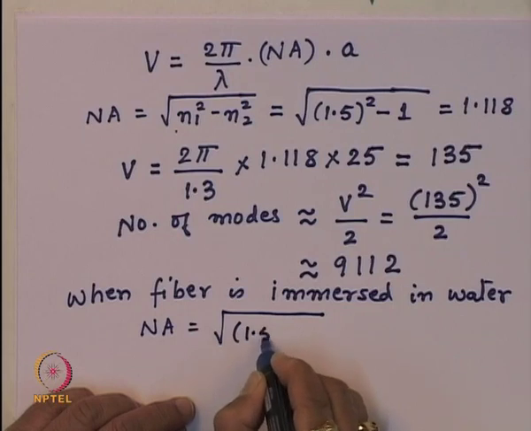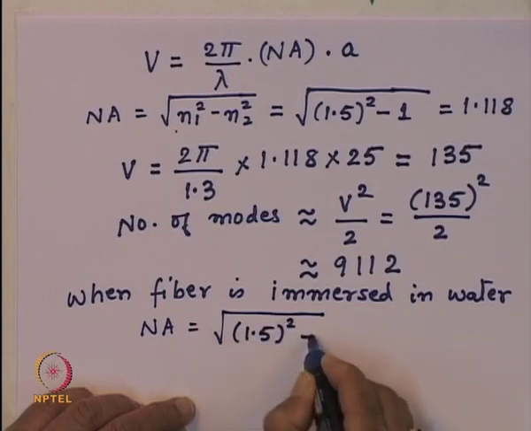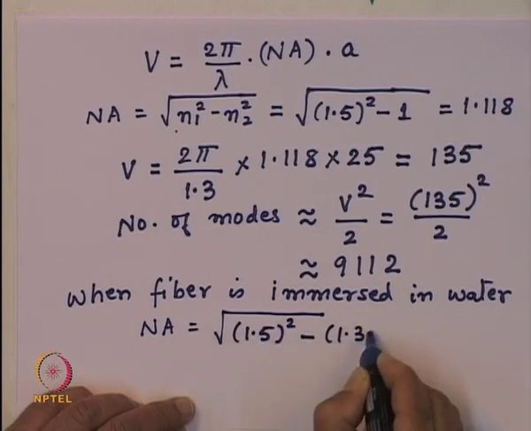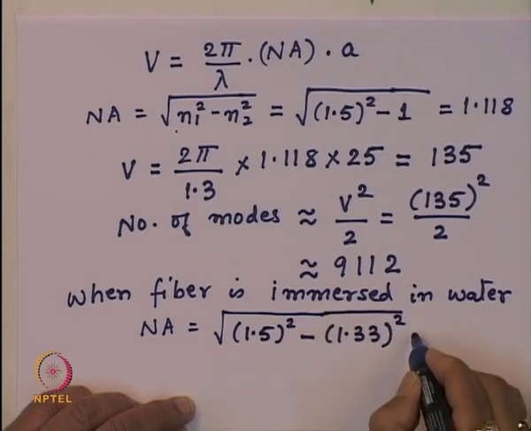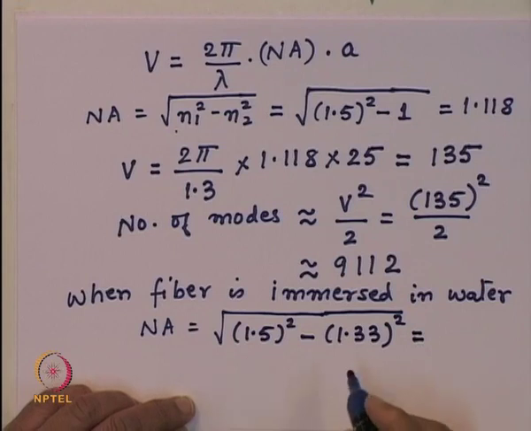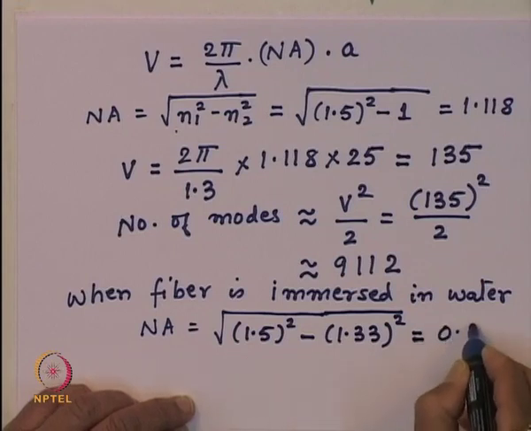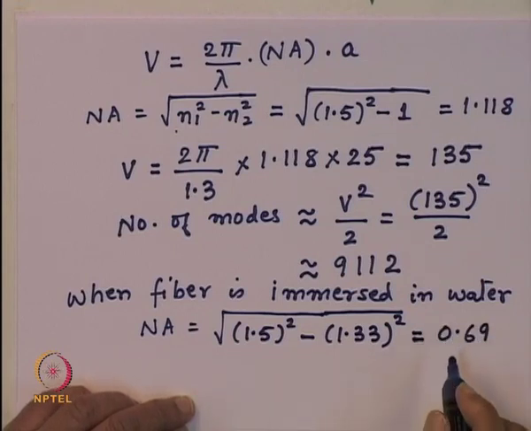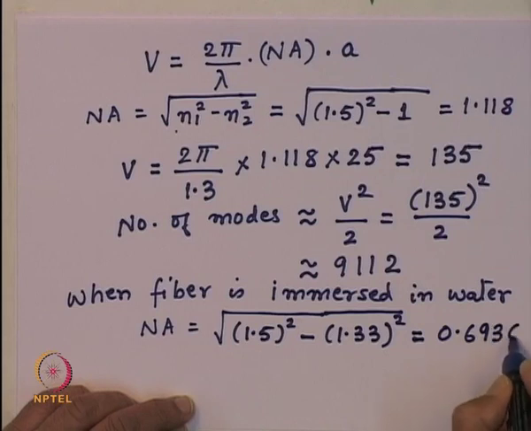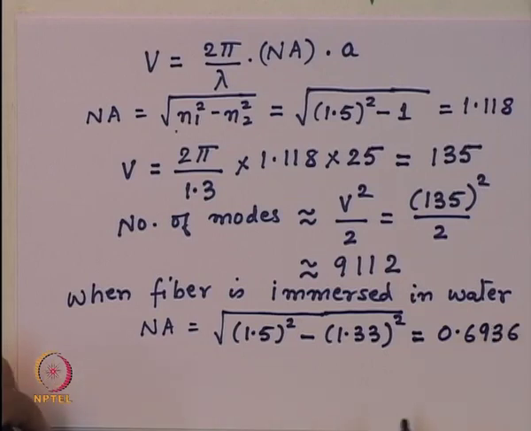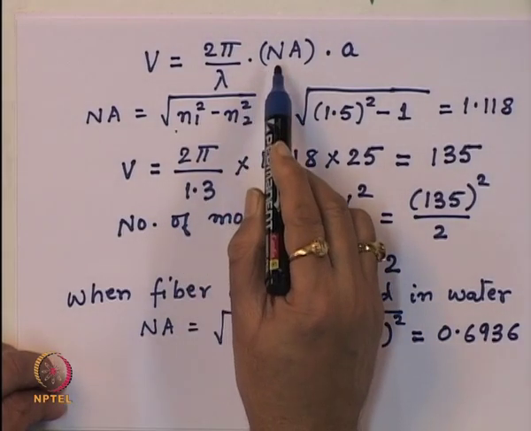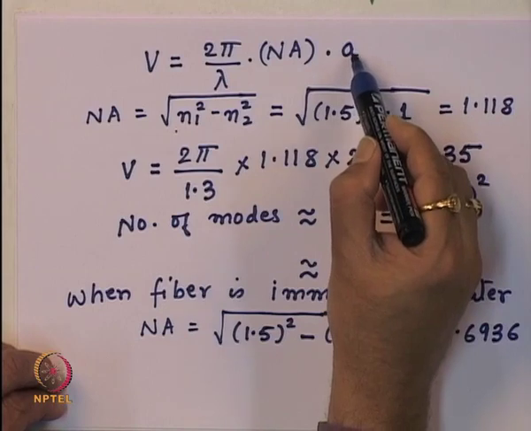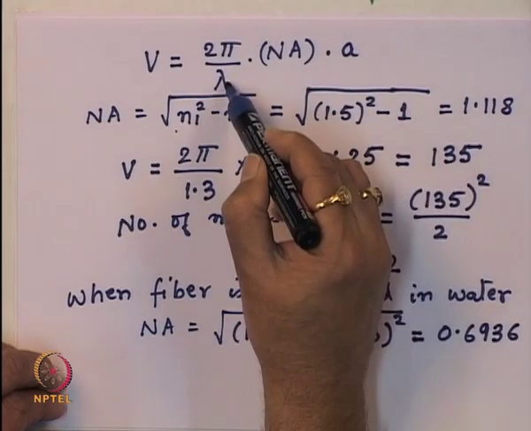So, this is 1.5 whole square minus 1.33 whole square, and that is equal to 0.6936. So, if I substitute now the numerical aperture, which is 0.6936, inside this expression, the a is still 25 micron, lambda is 1.3 micron.